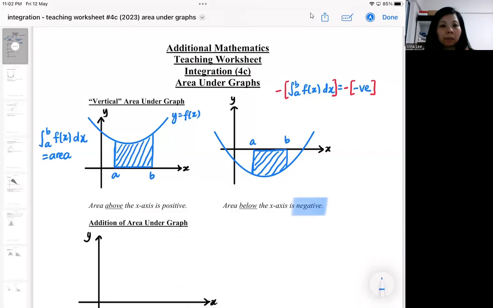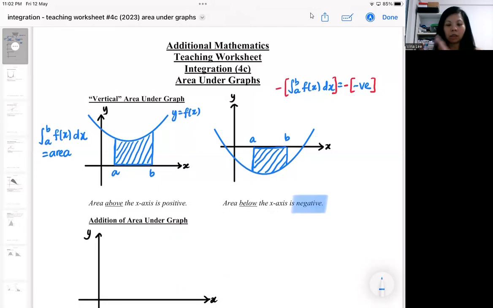So you must have some expectation of when the area will be positive, when the area will be negative. And if the area is negative and positive, you are advised to calculate them separately. Later on, there will be one example that shows a combination of positive area and negative area. You need to calculate them separately, then you decide what to do with them. Okay. So this is the main thing.